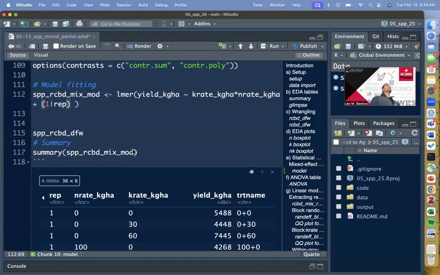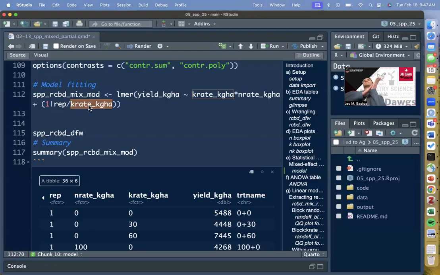To nest one thing inside the other, you come here and use a forward slash and just type potassium rate. So what this means is that we are nesting potassium rate inside of rep. I know that it can be a little bit confusing, because if you've been using SAS, the way you specify is flipped. You first say what's the smallest and then the largest. Here we say what's the largest, which is rep, and then after that, we specify what's the next smallest level, which is potassium rate.